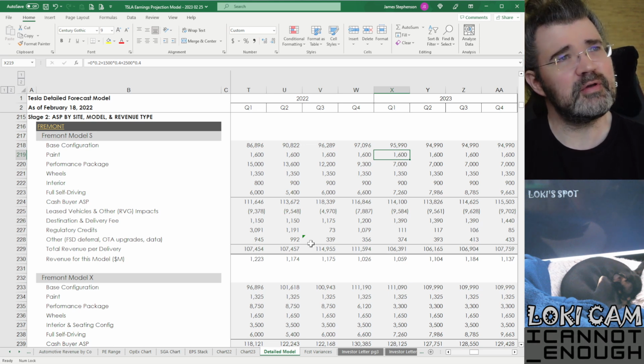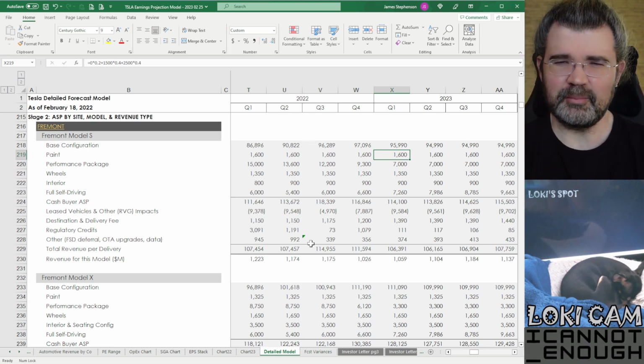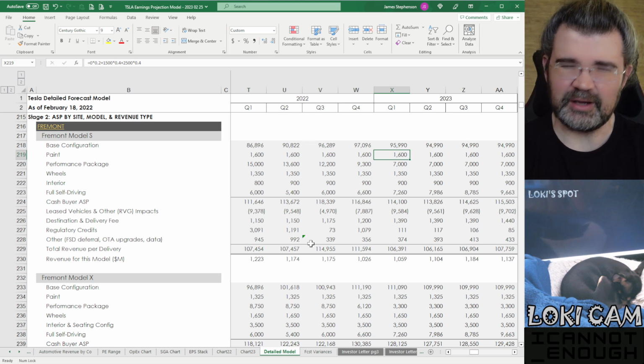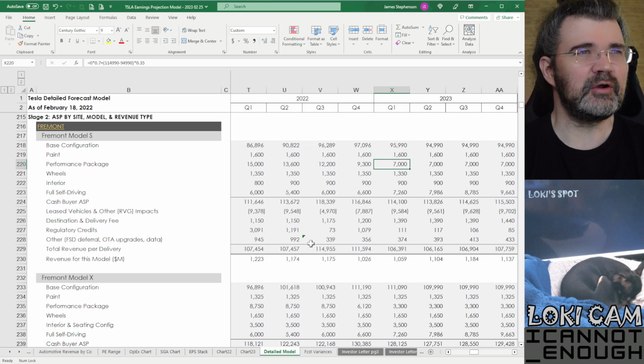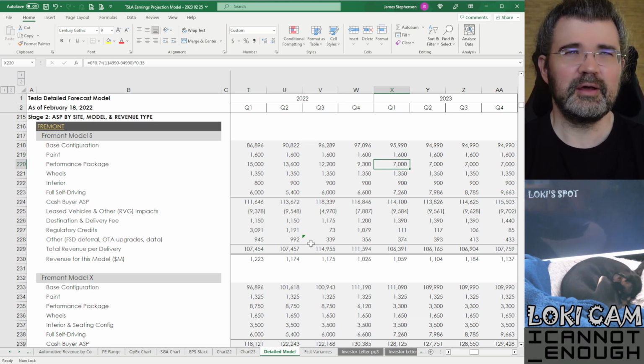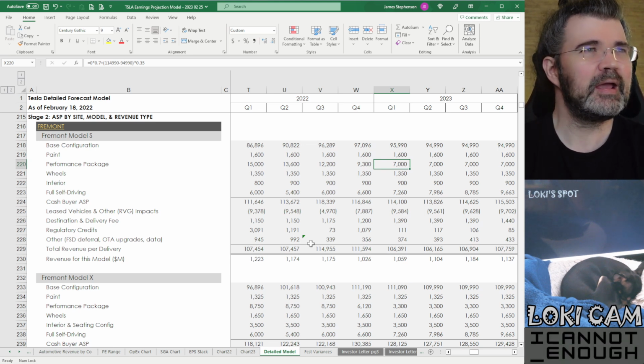And then there's also a $1,500 paint option. So I think most people shelling out the big bucks for Model S don't want the free color of paint. So maybe you get a $1,600 revenue lift from paint colors that people want on their Model S so they don't look like everybody else's Model S.